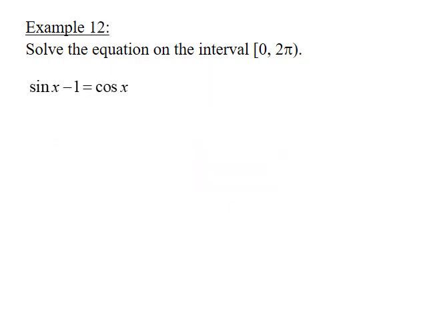Okay, let's look at this example. This one's a little bit longer, so just kind of bear with me here. Now, looking at this, in order to solve this, it's very complicated. I can't really do a lot with this so that I can get the same trig function.